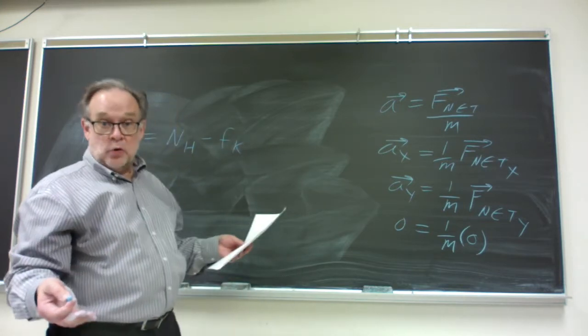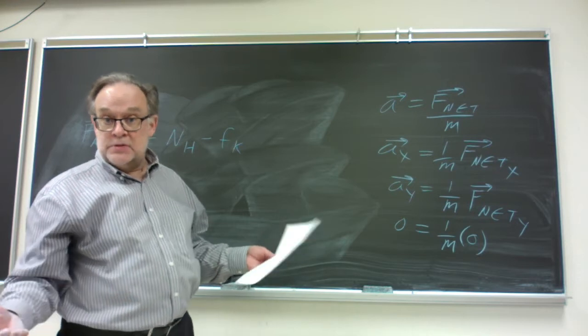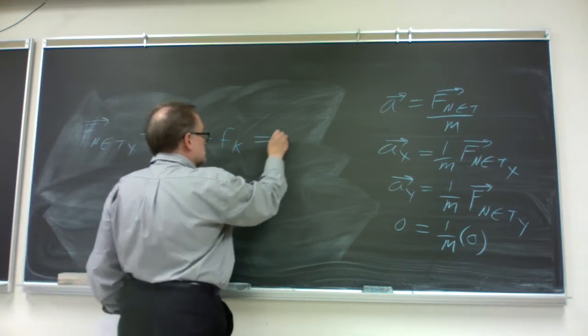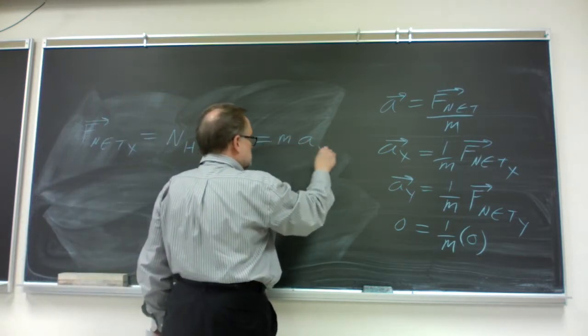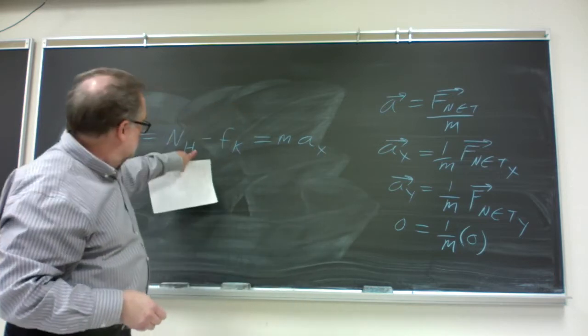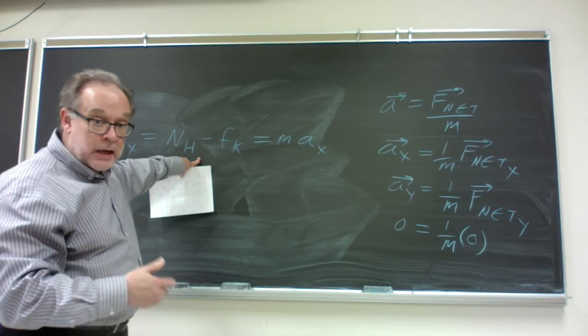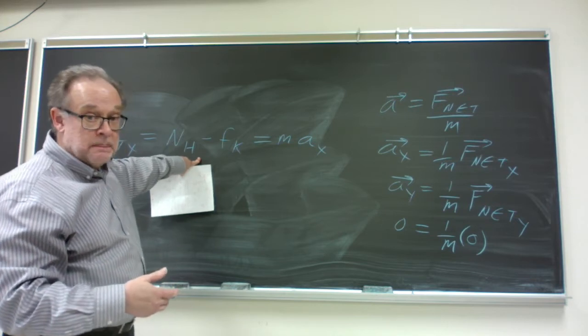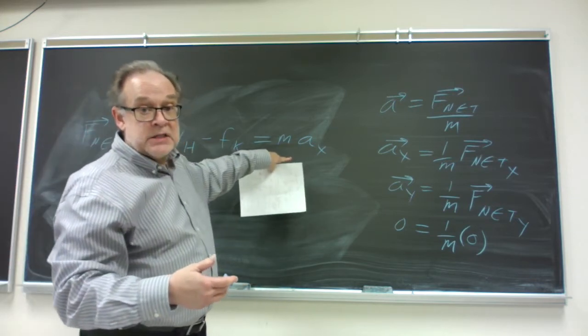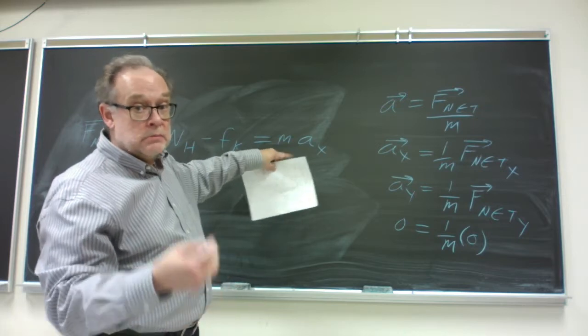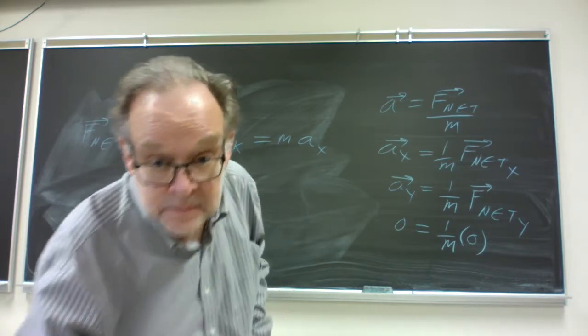And being a net force, it's equal to mass times acceleration. Since this is just the x component of the net force, it has to be equal to mass times the x component of the acceleration.